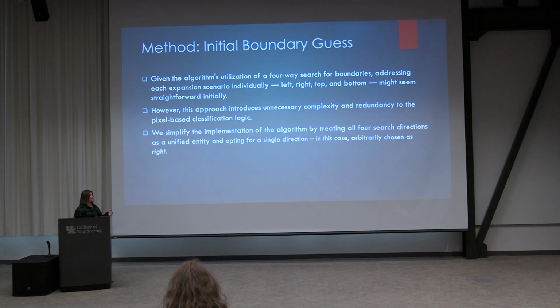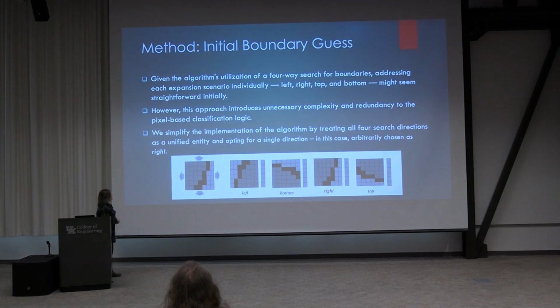In this case, you can choose any of the directions. We chose the right direction, and the image will be rotated to line up with that direction, and classification will proceed. Here I have the original orientation, and I would rotate my image by 90 degrees, 180 degrees, or 270 degrees, so that I treat classification as a single direction.